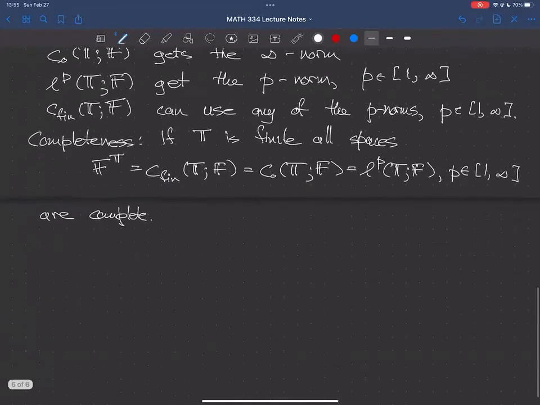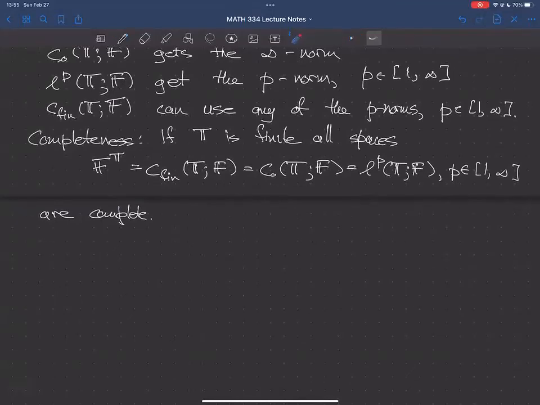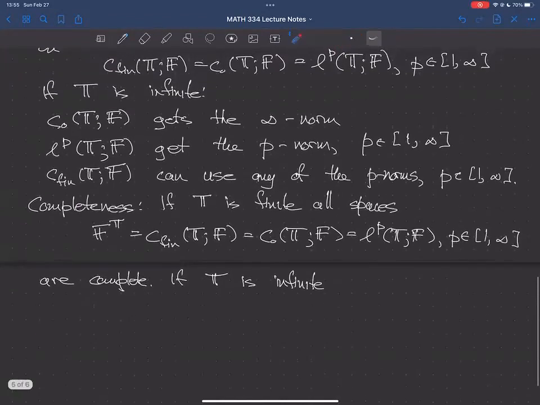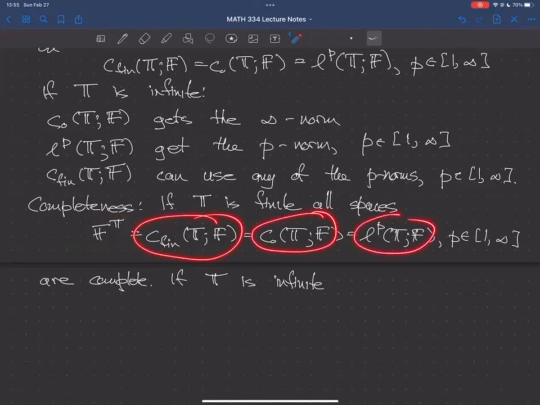So again, the interesting thing only happens when T is infinite. We have all of these spaces, right? F^T, even if T is infinite, doesn't have any of the norms. So it doesn't make sense, at least not the way we're living our life right now, to talk about the completeness of this space. But we can talk about the completeness of these ones.